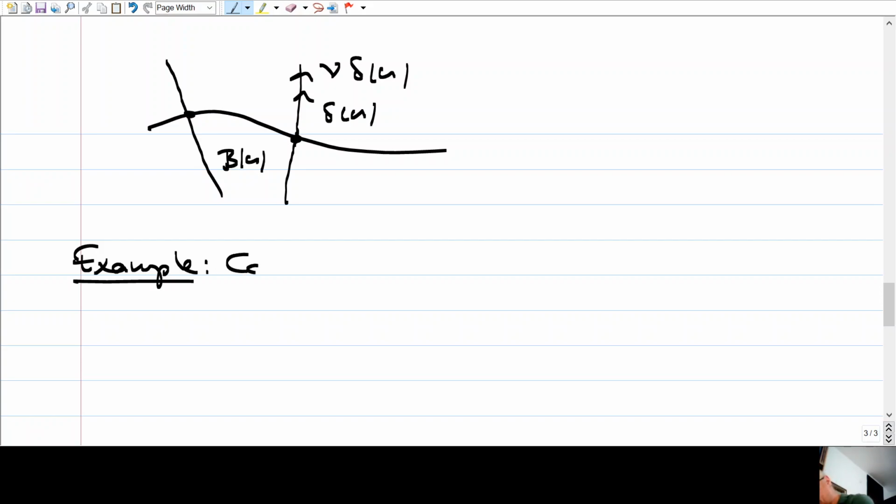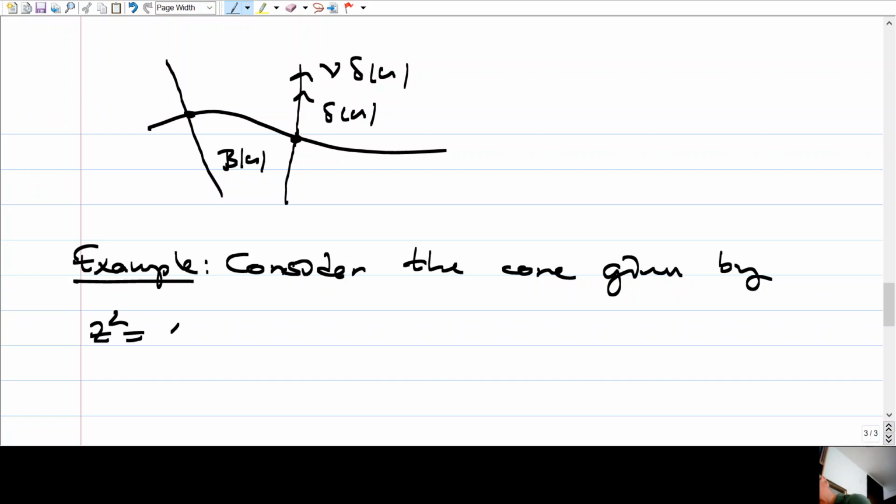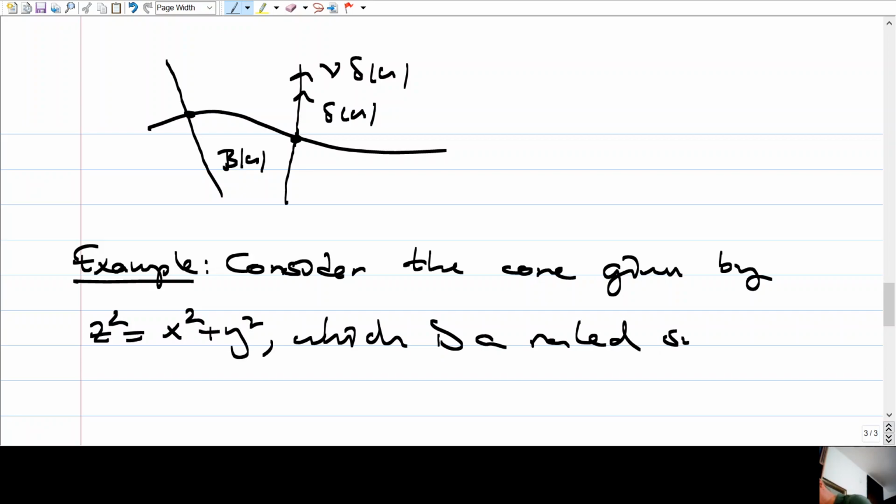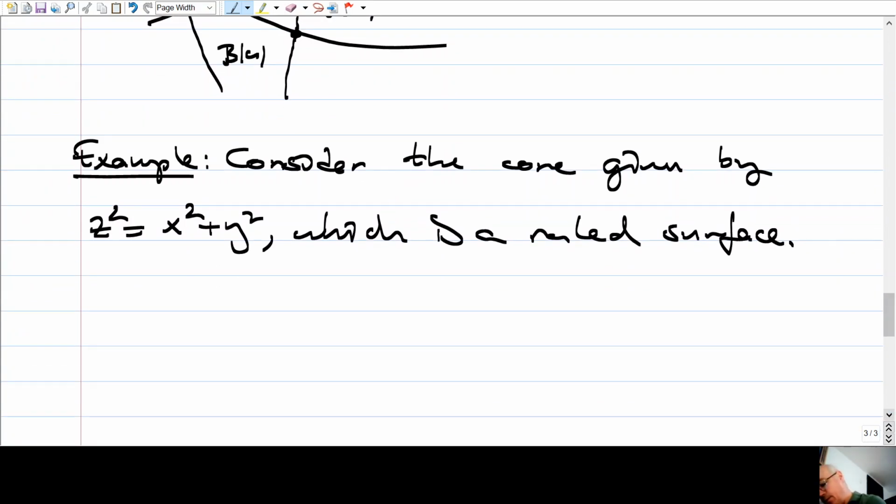For example, consider the cone given by z squared equals x squared plus y squared, which is a ruled surface. Why is that? Let's see.